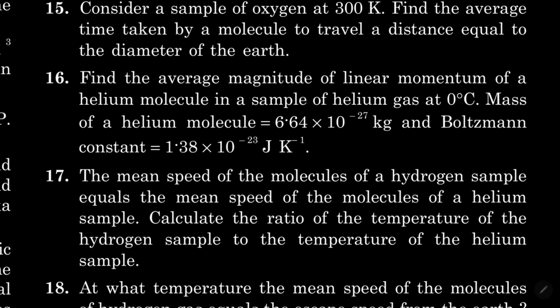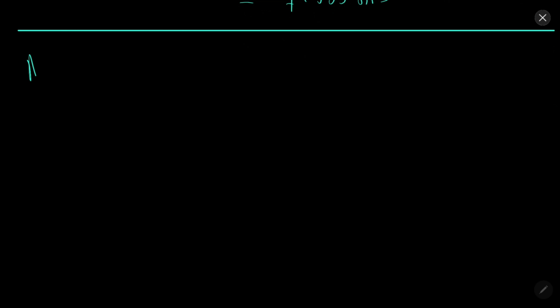In question 16, we need to find the average magnitude of linear momentum of a helium molecule. Solution 16. So it will be root 8RT over pi m, putting every value.